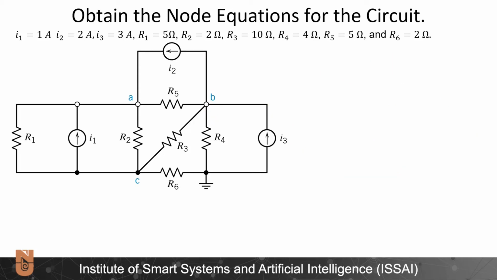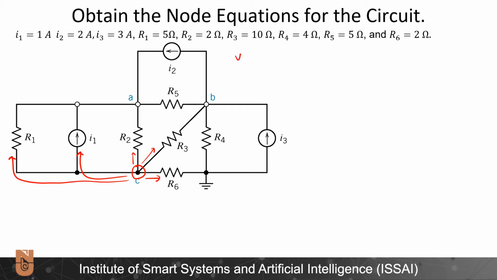And last but not least, let us write the Kirchhoff's current law for node C. So this current is going out, this is going out, this is going out, this I1 is going out, and this current is going out. So let us try to write it.